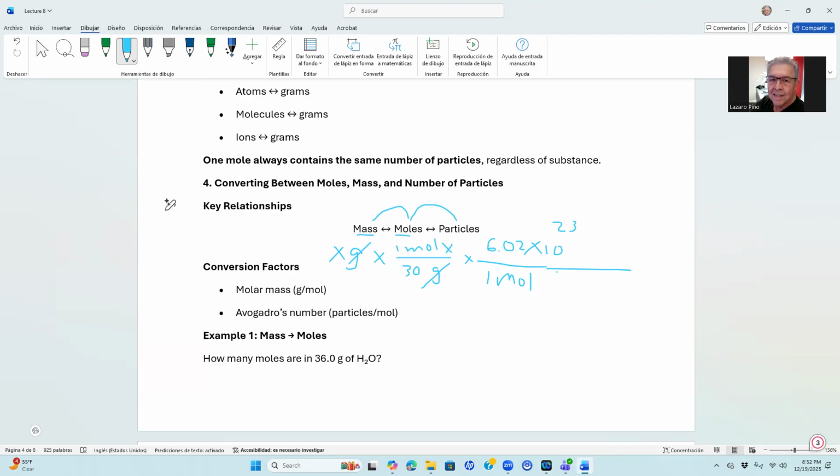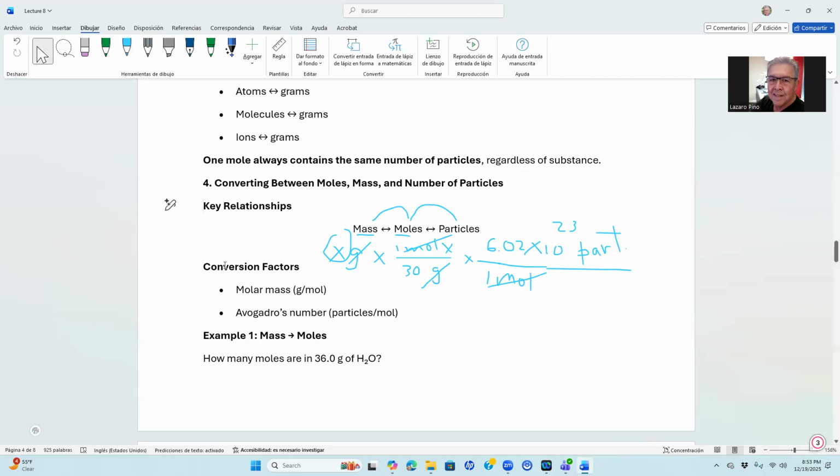Then you cancel moles with moles, you multiply, you divide, and your answer will be in particles, in this case atoms of X. Then you can see here how you can go from mass to moles and from moles to particles.